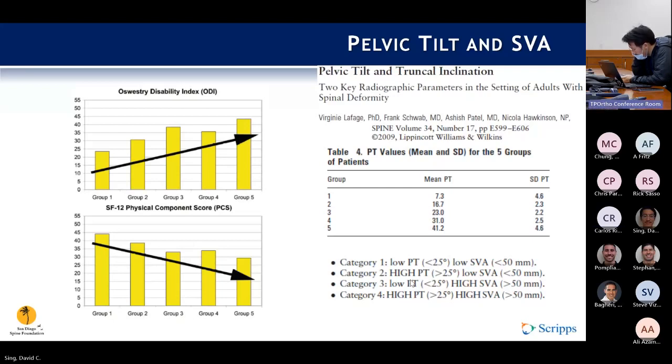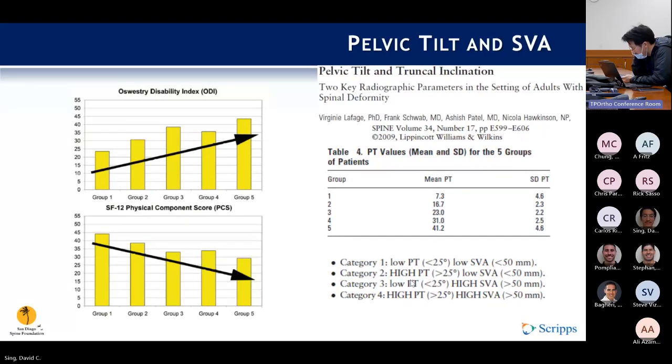Nothing in the coronal plane seemed to correlate necessarily with outcome measurements. However, the SVA and pelvic measurements did seem to correlate, with the pelvic tilt having a pretty high correlation with both quality of life measures as well as predicting sagittal vertical alignment.